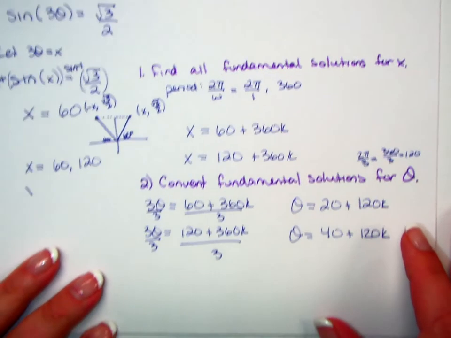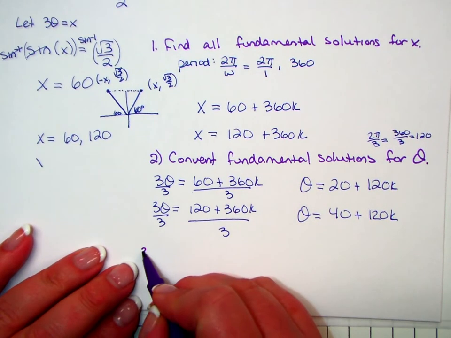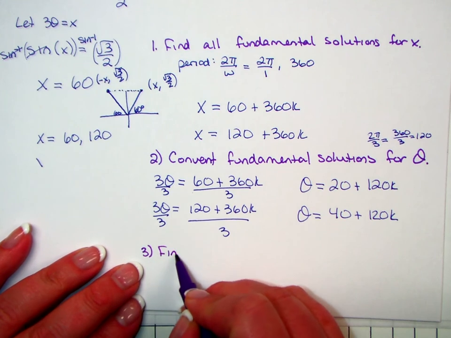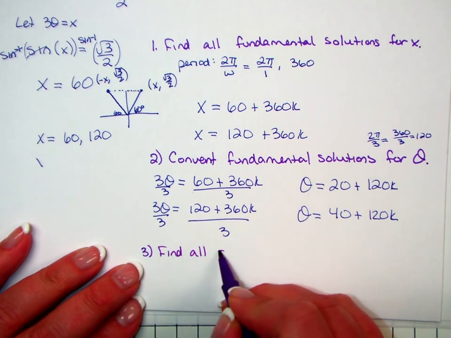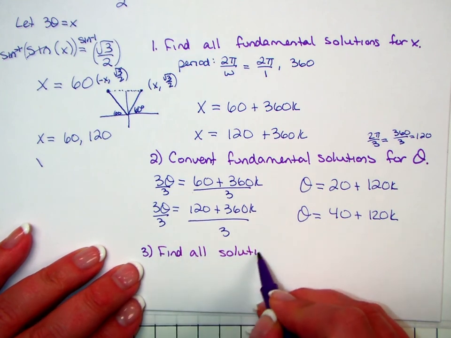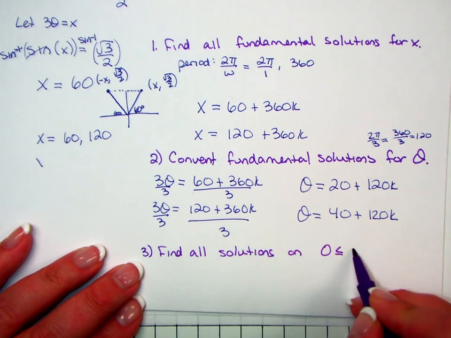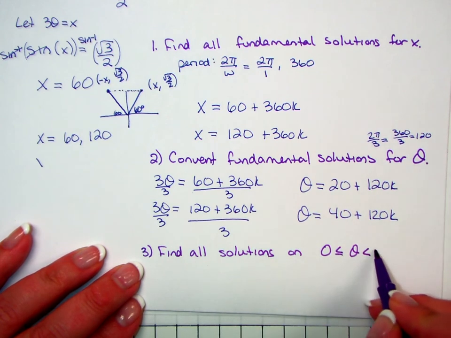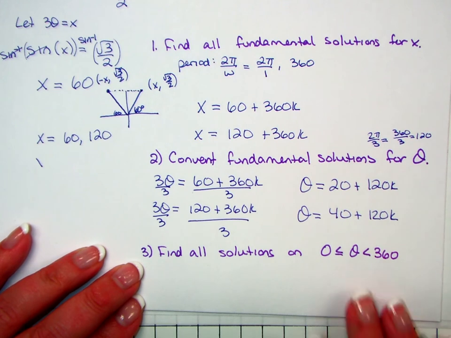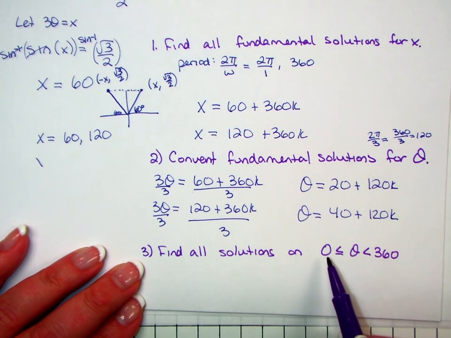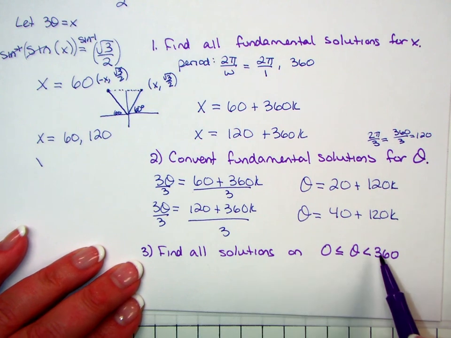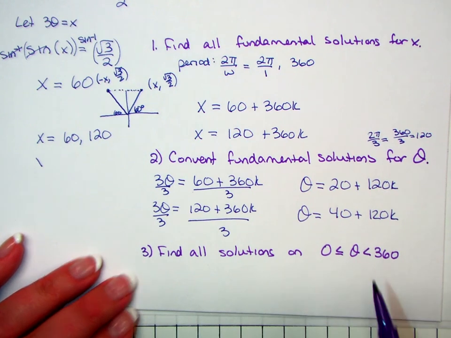Let's find all the solutions from 0 to 360. Most of the time they're going to include one endpoint and not the other. I'm including 0, but they might not include 0 and include 360.